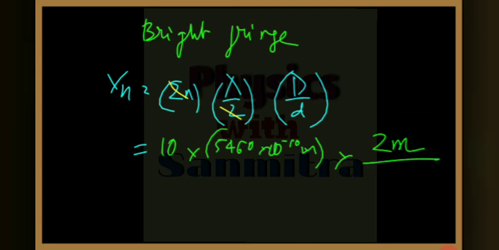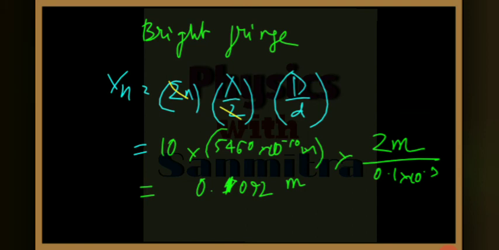It is given 0.1 millimeter, so 0.1 into 10 to the power minus 3. After solving, I will get xn equal to 0.1092 meter. Let me check the calculation once. After calculating, xn's value is 0.1092 meter, that is 10.92 centimeter.